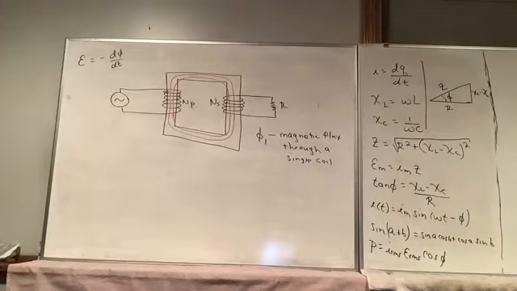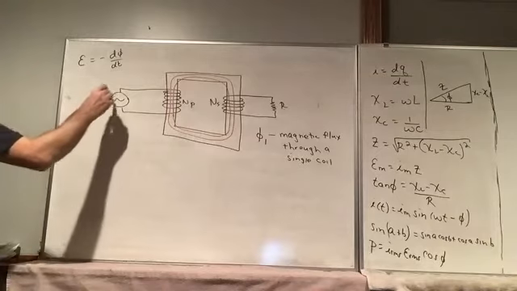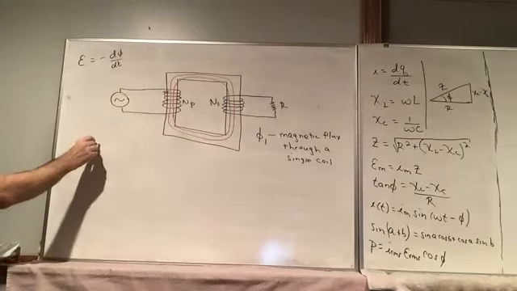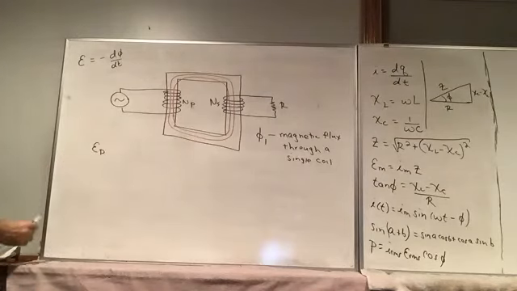And so let's look at this primary coil here. The EMF in the primary coil, let's forget about the minus sign, is going to be the change of flux of the primary coil.